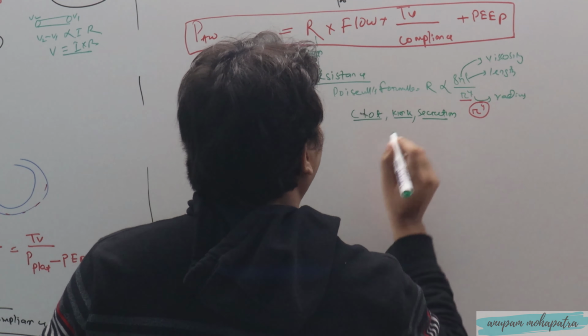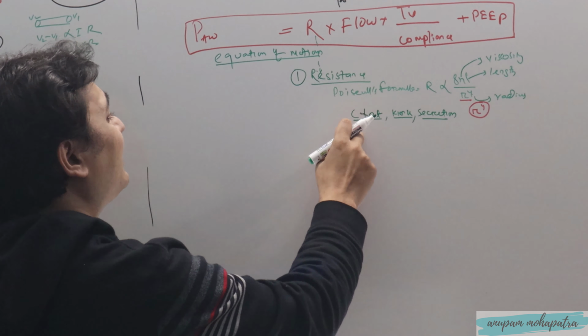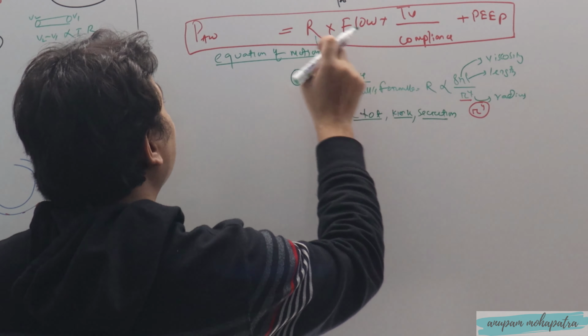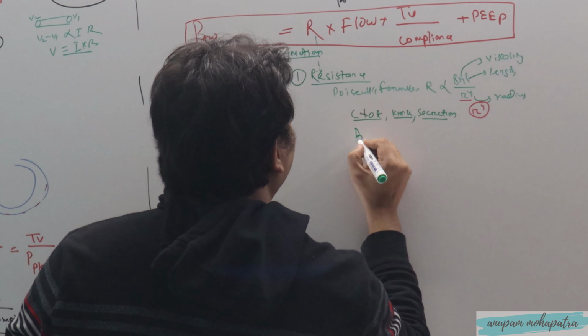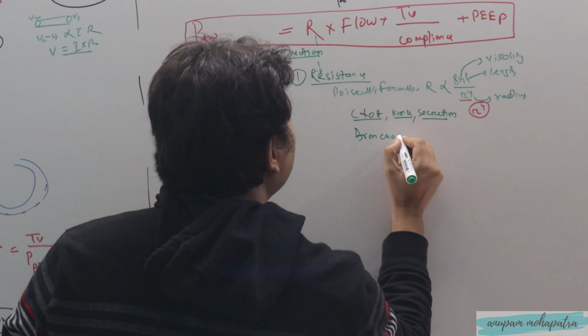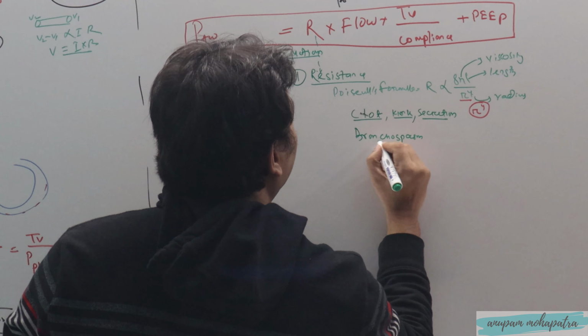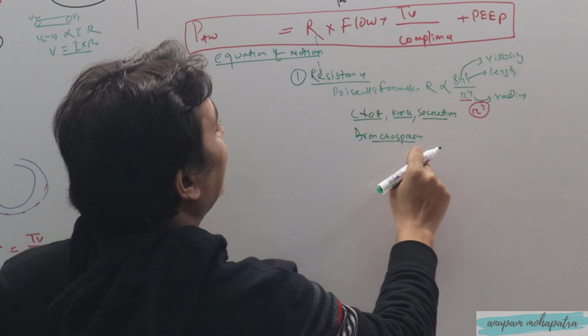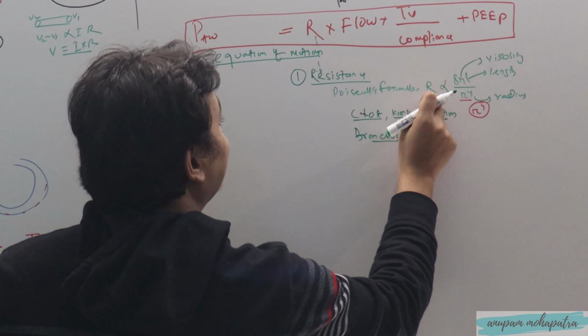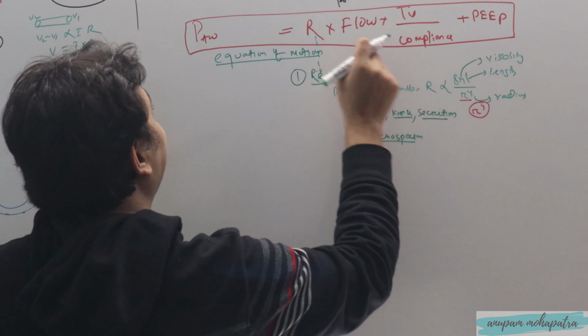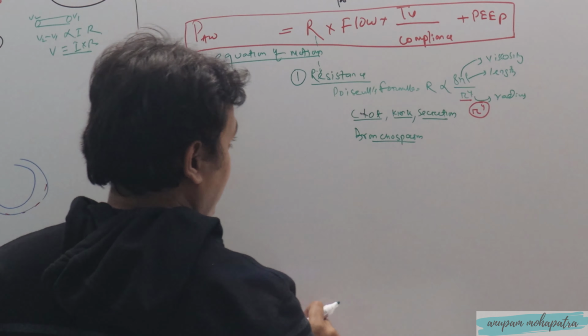All these things can increase the resistance and increase the peak airway pressure. Secondly, bronchospasm. If there is bronchospasm beyond the tube, the radius of the conducting airway will decrease, and that will increase the resistance 4-fold, and that will increase the peak airway pressure.